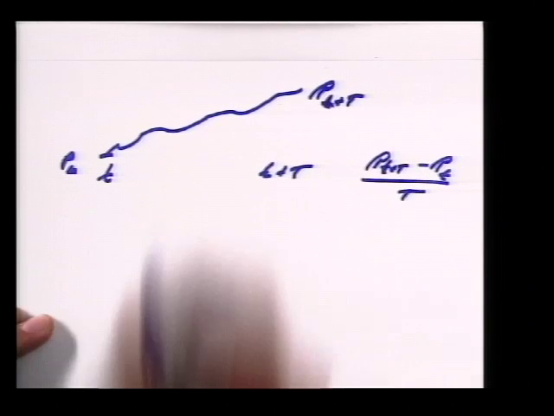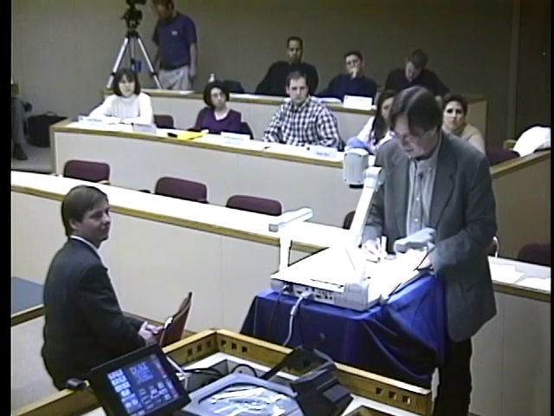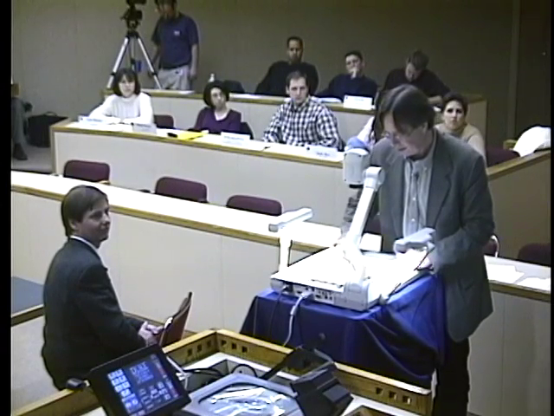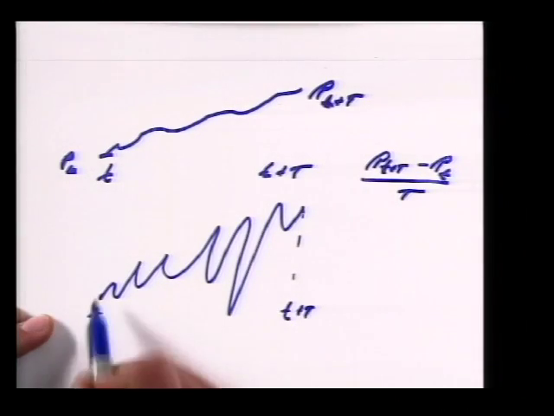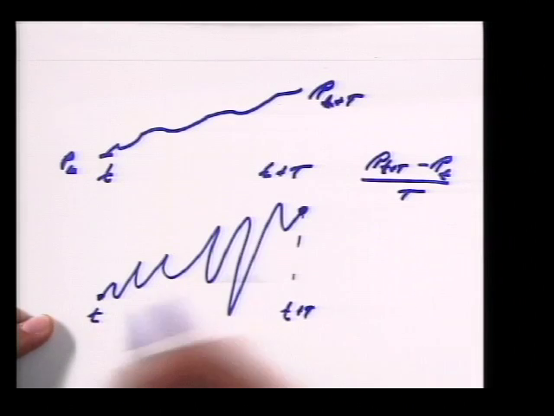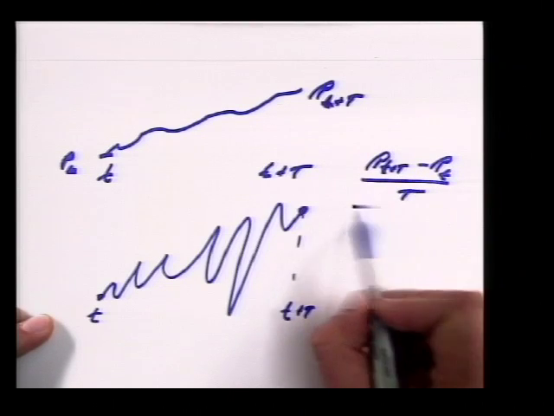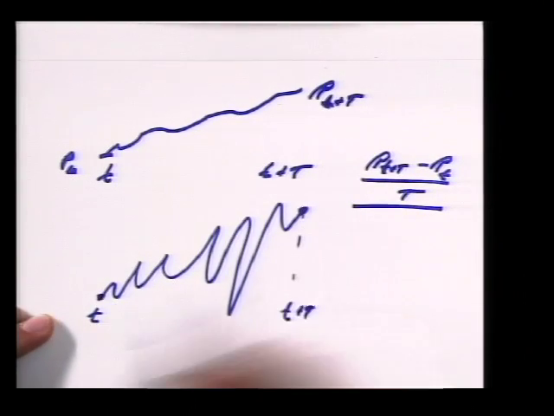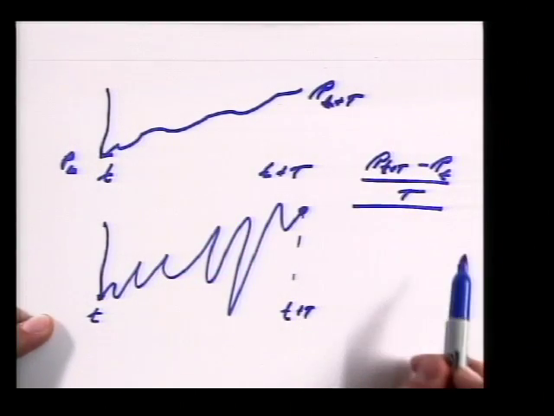I could draw another graph that's going to look like this. Again, this would be time t plus 1. The way I've drawn it, the increments from there to there are the same height as up here, so the mean return is going to be the same.